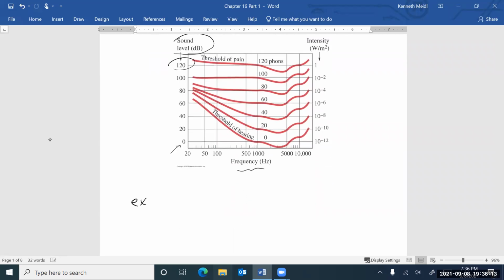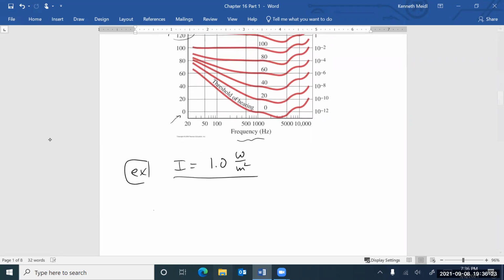So let's say, for example, that we actually perceive something at 1 watt per square meter. Where does that land on our decibel scale? What we always do is use something like this. What we're perceiving, or what we're measuring, goes here on the top. That's watts per square meter. That's a perfect W right there. And on the bottom is always the same number.